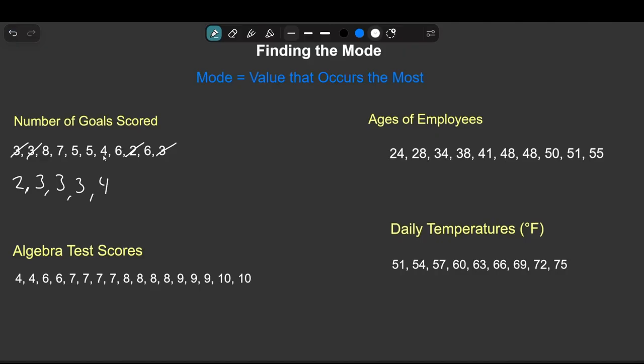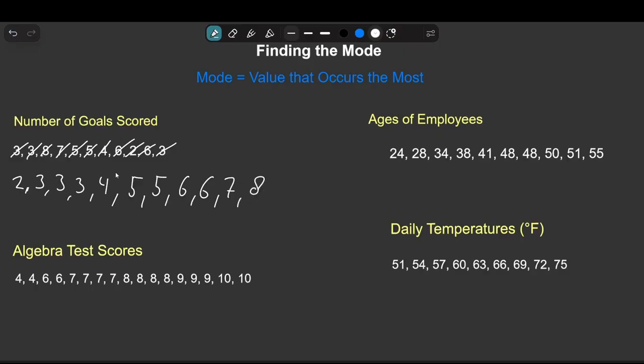We only have 1 4. We cross it off and we go to the 5. We have 2 5's, 5 and another 5. Let's cross these off. We have 2 6's, 6, 6, 1 7, and 1 8.